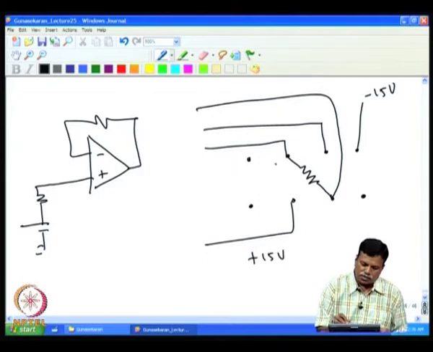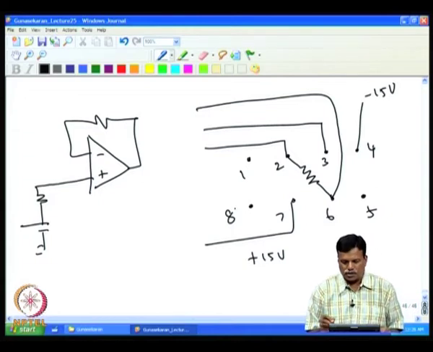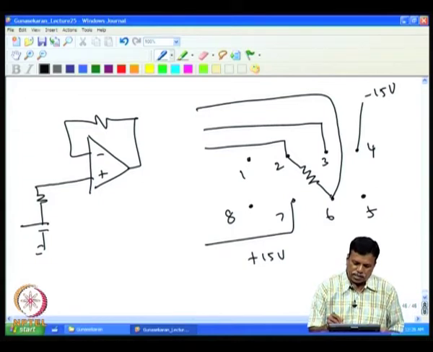Now, this is pin number 2, this is pin number 1, and this is 3, 4, 5, 6, 7, 8. Since this is a very high resistance, the leakage resistance between this and this will produce a voltage at 2.